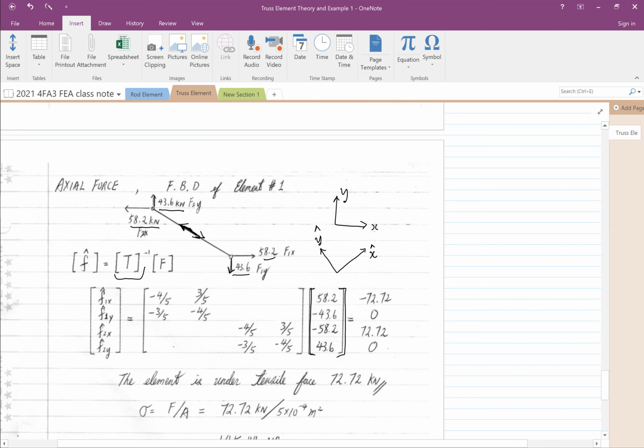And we multiply that, we have F1x, because guys, check this out. When I multiply everything by T inverse, all the Y values are gone, because, my goodness, I'm so sorry. That's the right angle.